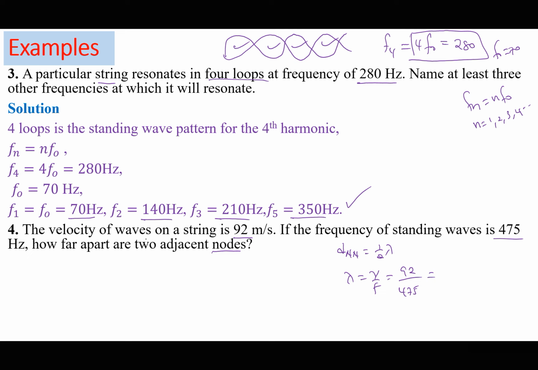The velocity of waves on a string is 92. If the frequency of a standing wave is 475, how far apart are two adjacent nodes? So the wavelength is going to be 92 over 475. So it means the distance between a node and another node is going to be half of 92 over 475.